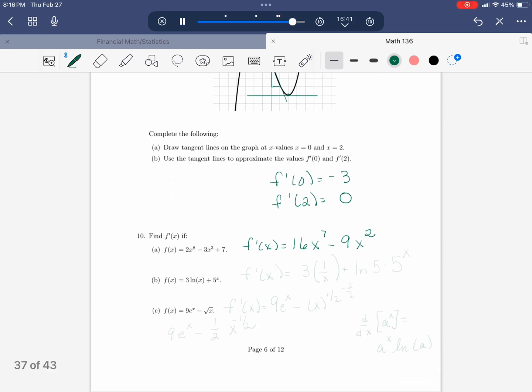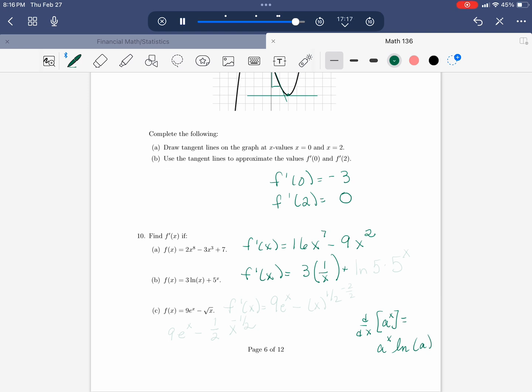The next one, f prime of x equals 3, and the derivative of natural log x is 1 over x. And then plus, and this one, 5 to the x, there's a rule, I'm going to write it over here, that says the derivative of any number a to the x equals a to the x natural log a.